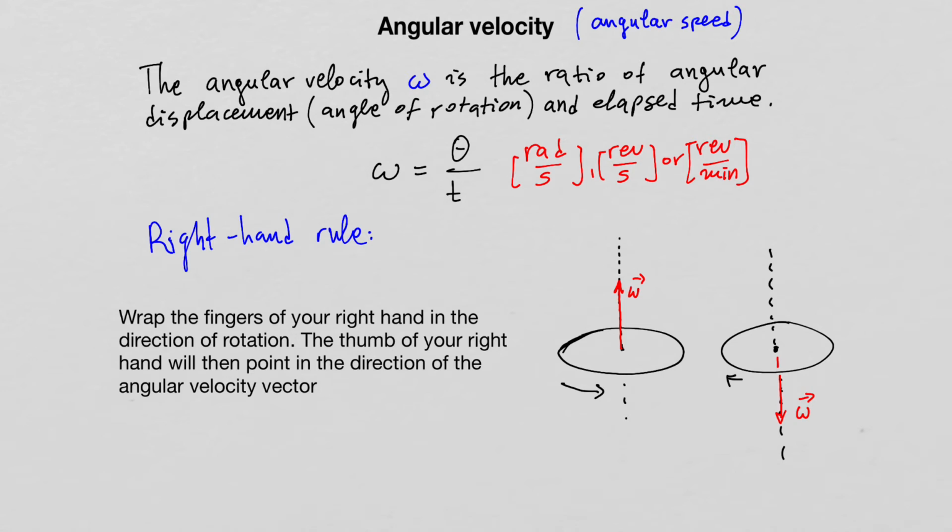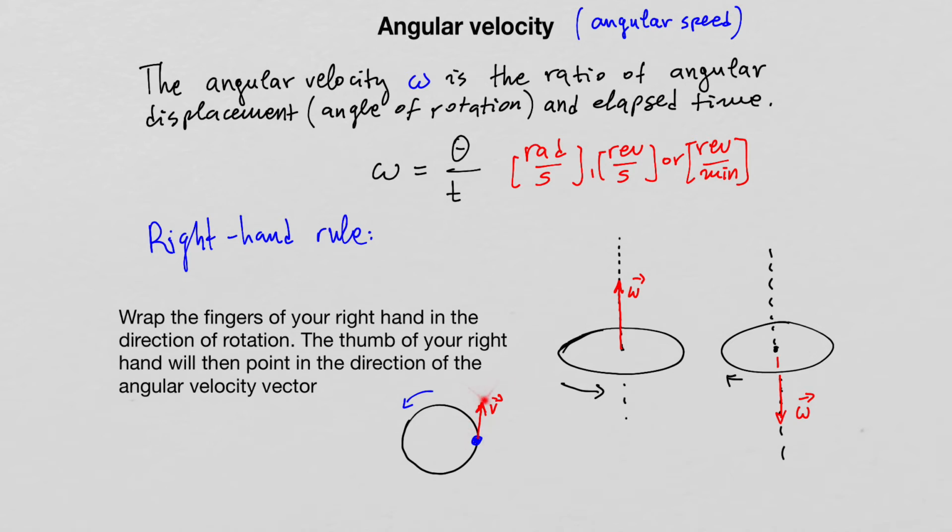Notice that the angular velocity vector here points in a way that is completely different than the linear velocity vector for a rotating object. So just as a reminder, I'm going to sketch that right here at the bottom. We have a small mass that rotates in a circular trajectory, and we discussed the velocity of this small mass, and we said that it's always tangential, or tangent, to the trajectory.